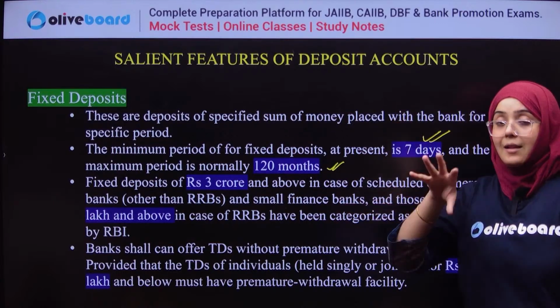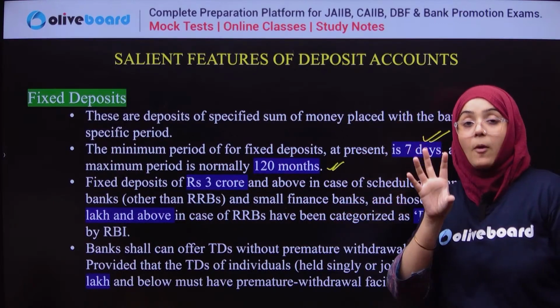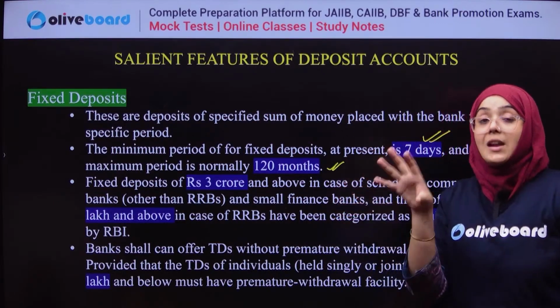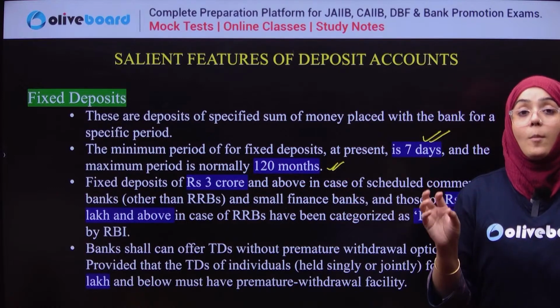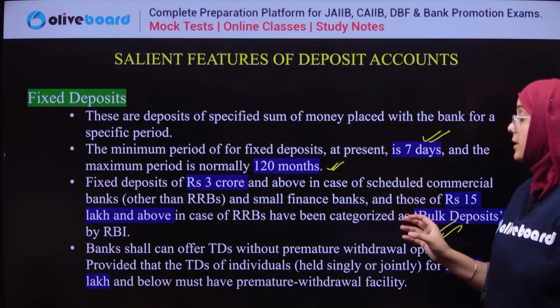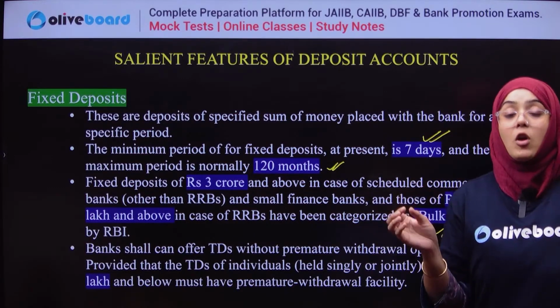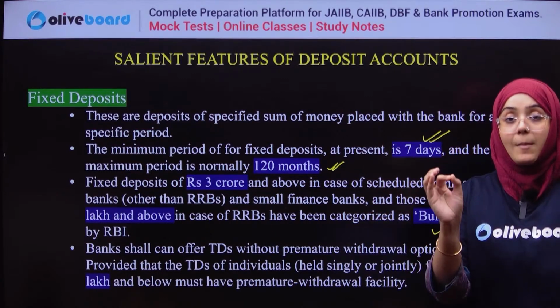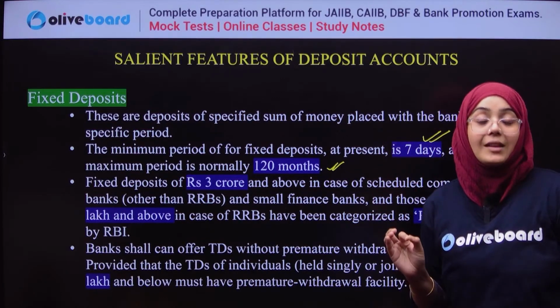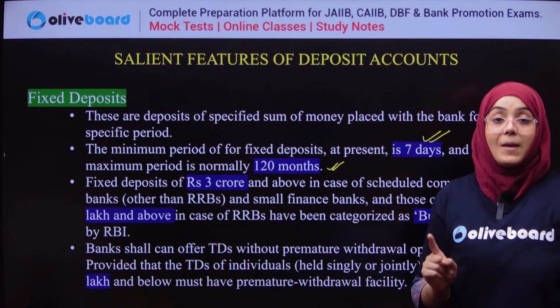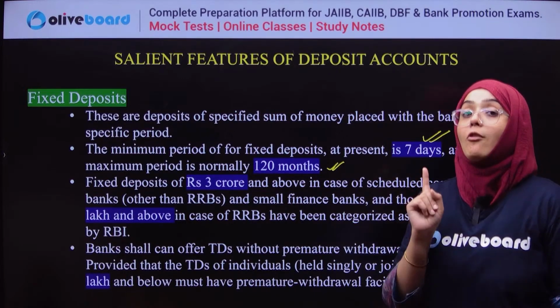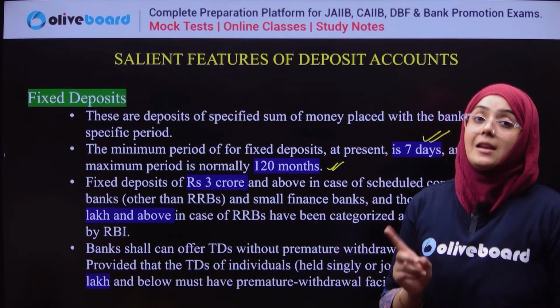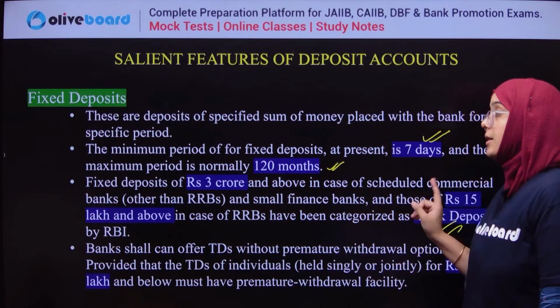Now we have the FD. I have told you that a certain amount is deposited for a certain time period. There is a bulk deposit in case of normal scheduled commercial banks and small finance banks. If you are having an FD of 3 crores and above, it is considered bulk deposit. And in case of RRB, if you are having an FD of 15 lakhs and above, it is considered bulk deposit.